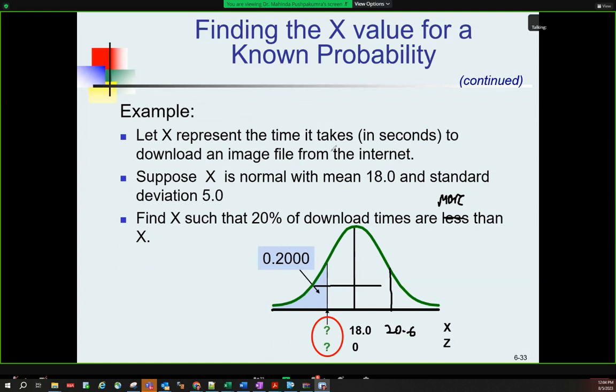Then now this area should be 20%. Then what is the x and z?